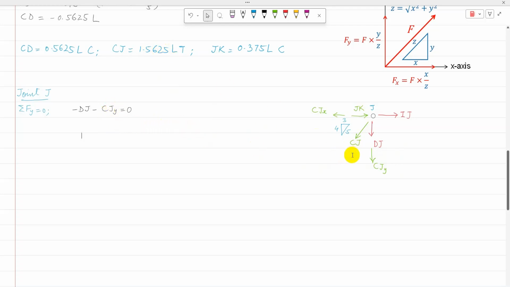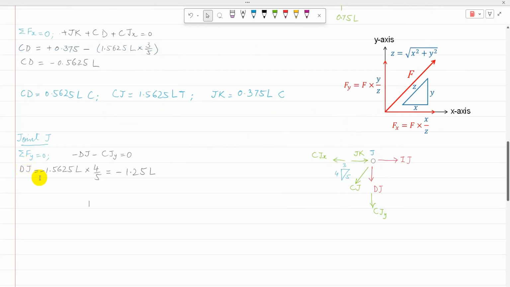So I have the value and I can calculate its component. Then DJ is equal to minus CJY, minus CJ times the vertical component, 4 over 5, and finally DJ comes as minus 1.25 L. IJ is not required, so I'm not going to calculate that. Because DJ is negative, it will be 1.25 L in compression.